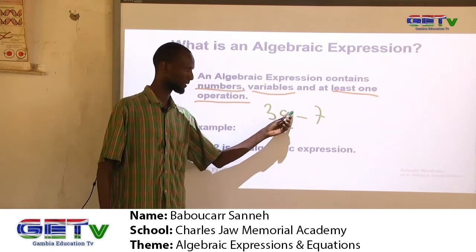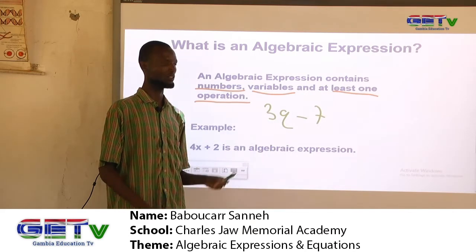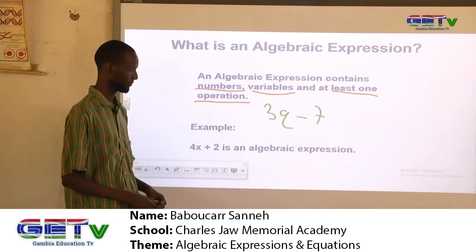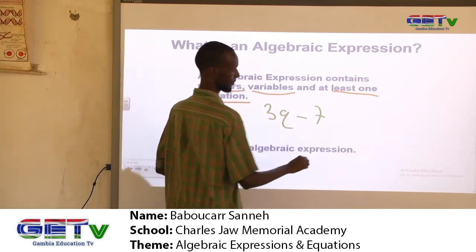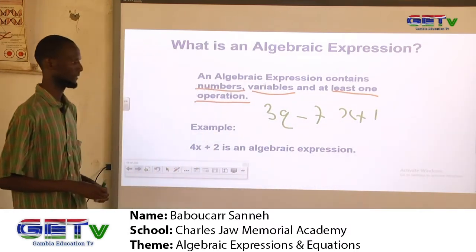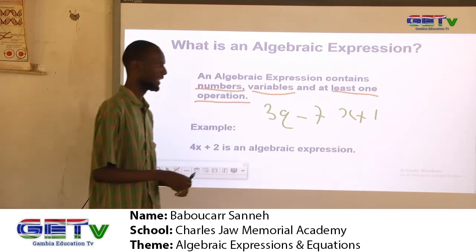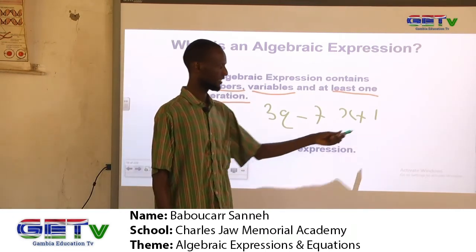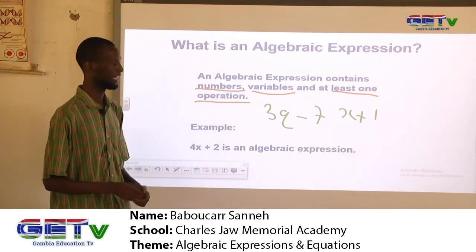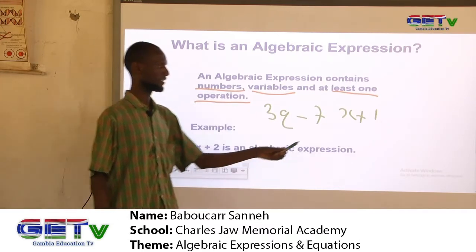Yes, there is a subtraction, and likewise there's a multiplication between the 3 and the q. So this will definitely qualify as an expression. How about this? X plus 1. Do we have any numbers there? Yes, there are 2 numbers. One is here, one is also here. So that's covered. Any variable? Yes. Any operation? Yes, there's an addition here.